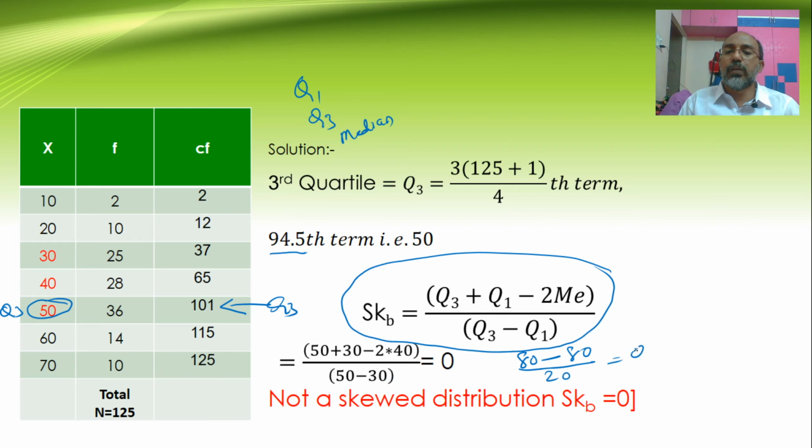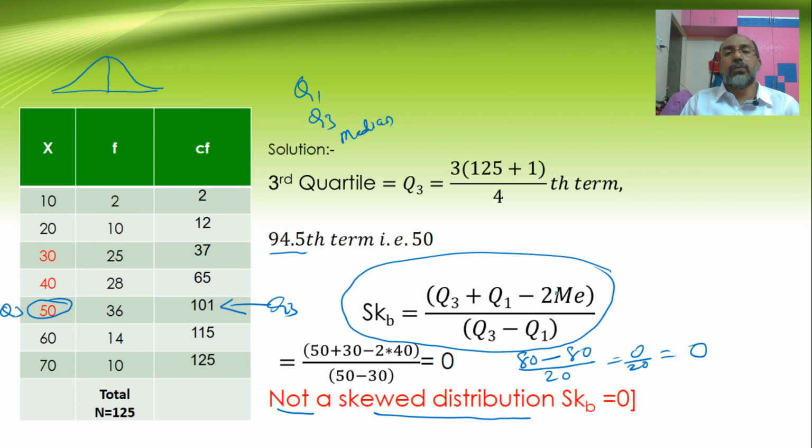So 0 by 20, and 0 by anything is 0. Hence, there is no skewness, not a skewed distribution. Not skewed means this data follows a normal distribution, where all the values are perfectly distributed.